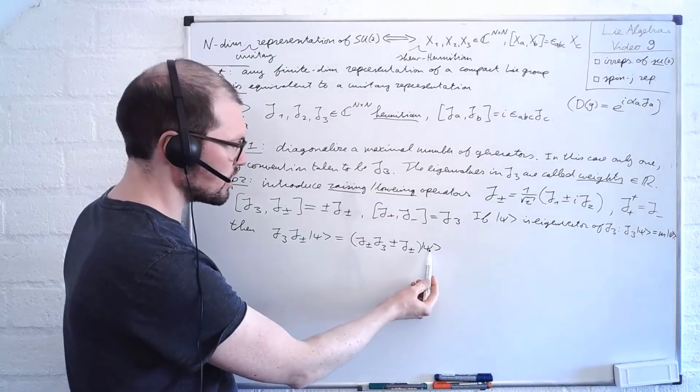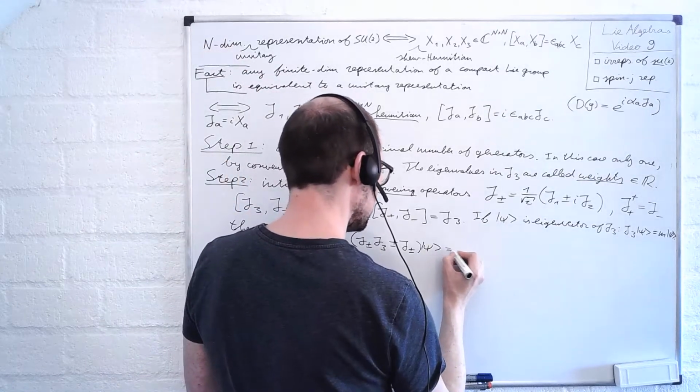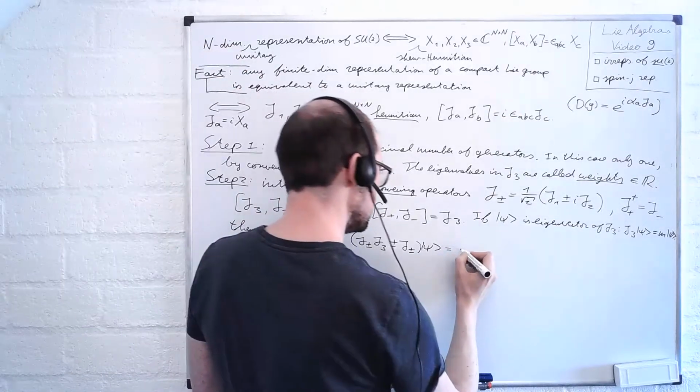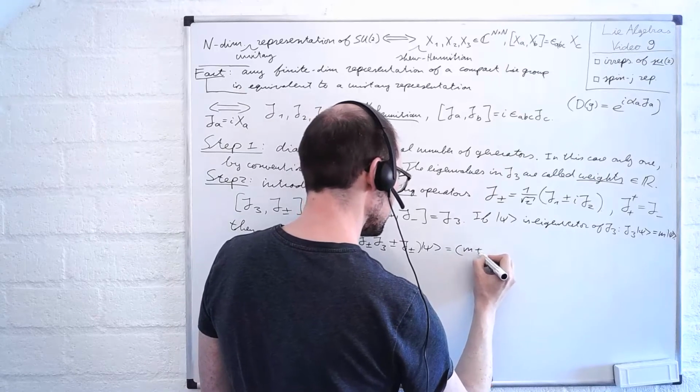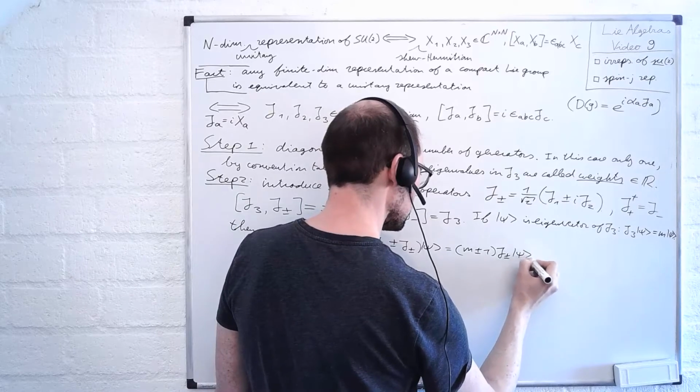And then since psi is an eigenvector of J3, I simply get that this is m plus minus 1 of J plus minus acting on psi.